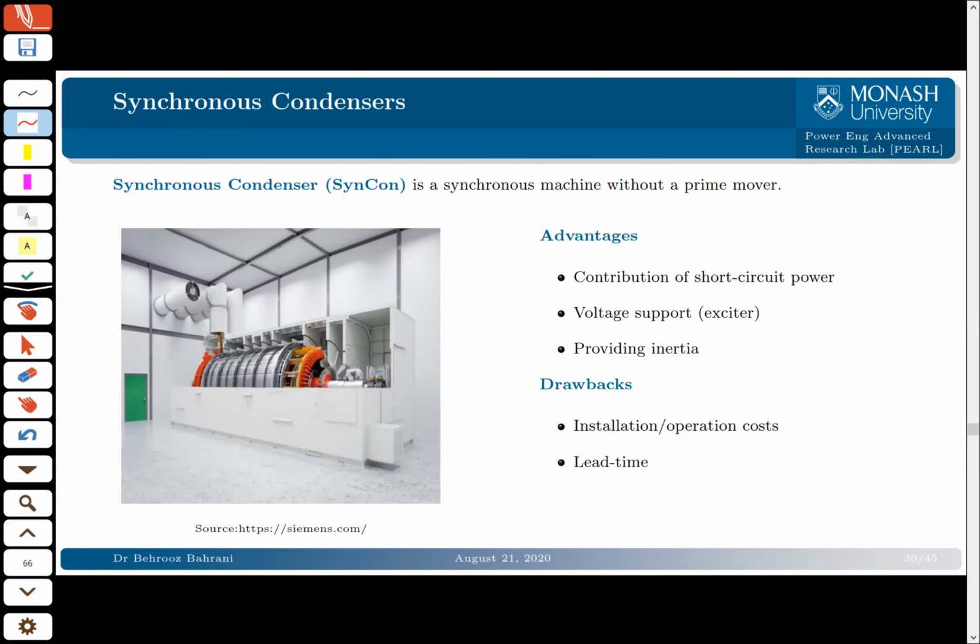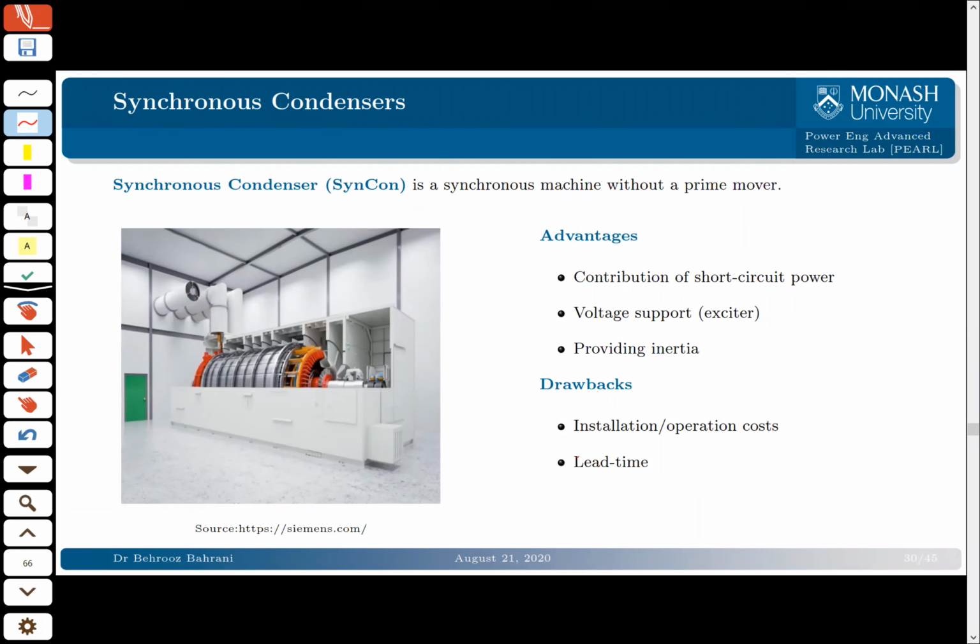A synchronous condenser is essentially a synchronous machine without a prime mover. So it doesn't really give you real power. It's not really like a synchronous generator. It doesn't have any prime mover in order to generate real power, but it can actually give you reactive power.